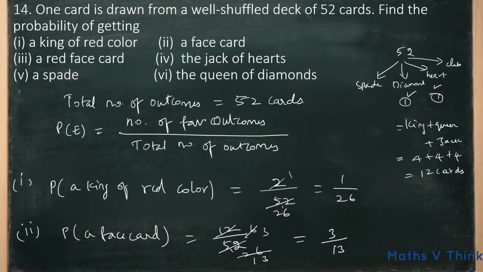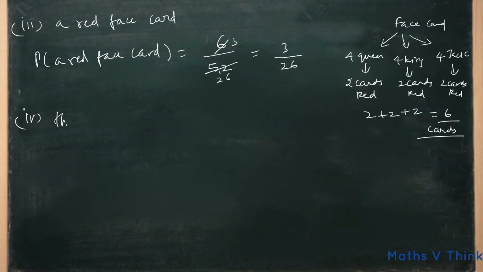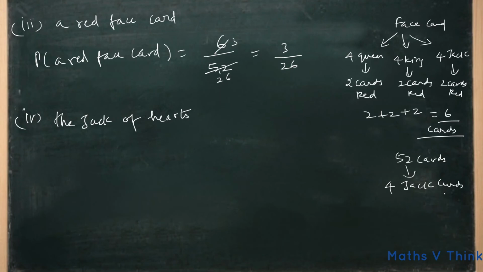The fourth one is the jack of hearts. We know from the total 52 cards, there are a total of 4 jack cards, one of spade, one of diamond, one of heart, and one of club.